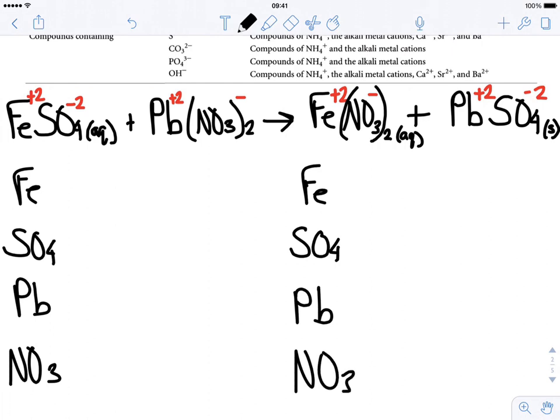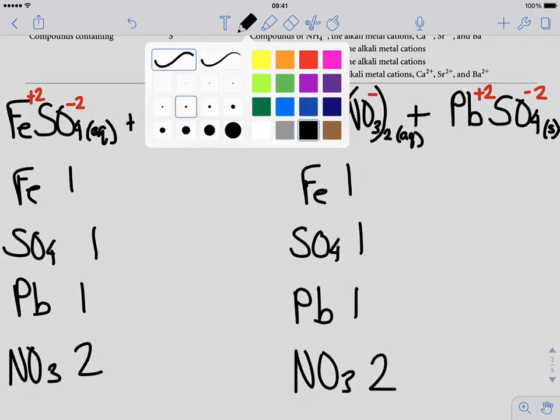And if we look at how many we have on both sides, we'll see that there's 1 iron, 1 sulfate, 1 lead, and 1 nitrate on one side. And on the other side, we have 1 iron, 1 sulfate, 1 lead, and 2 nitrates. Okay, so this equation is balanced.